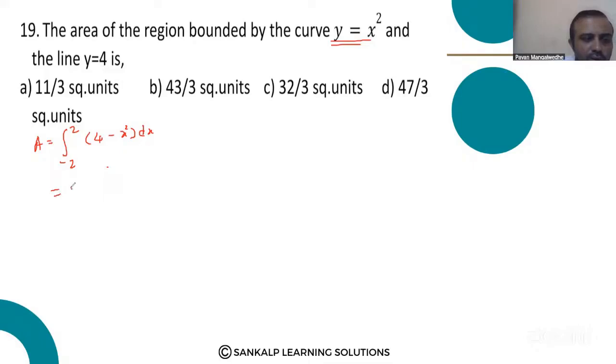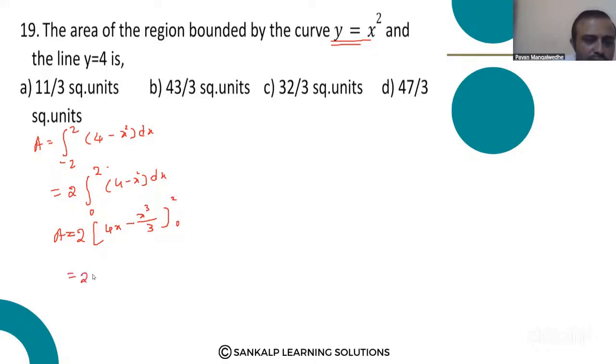So 2 into the integral from 0 to 2 of 4 minus x square dx. Now integrate and evaluate this. A is equal to 2 into the integration of 4, which is 4x, minus x square, which is x cube by 3, with upper limit minus lower limit.